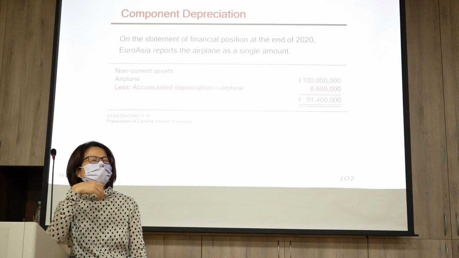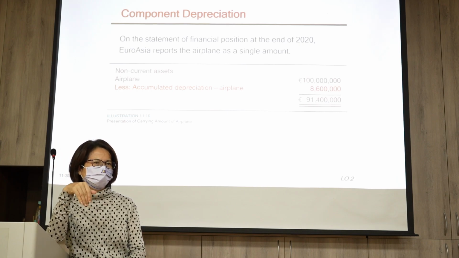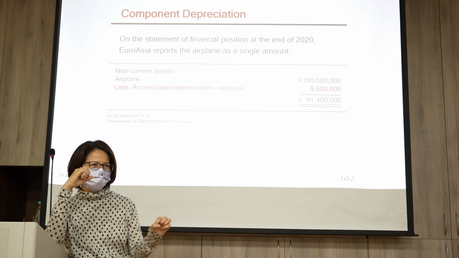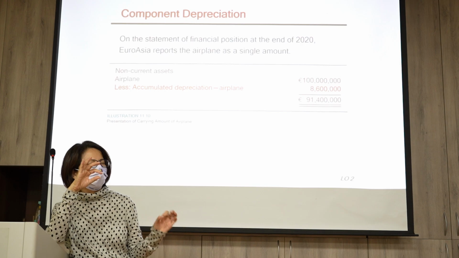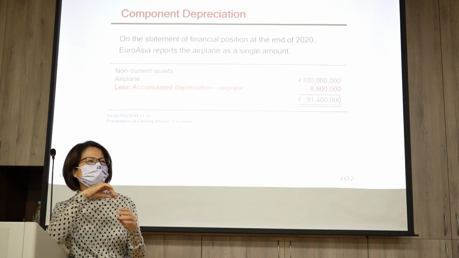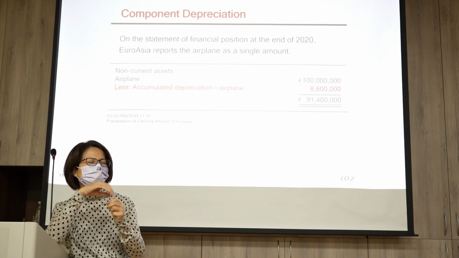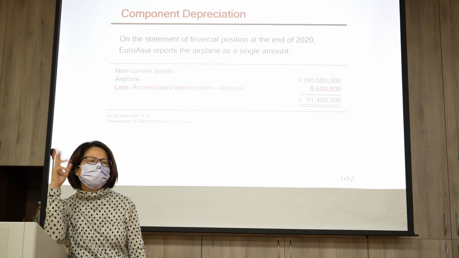If the useful life is 10 years, then the value will become 0. But if there is an estimated residual value, we should keep the residual value. We don't put the residual value into the depreciation. Okay, that is the concept.